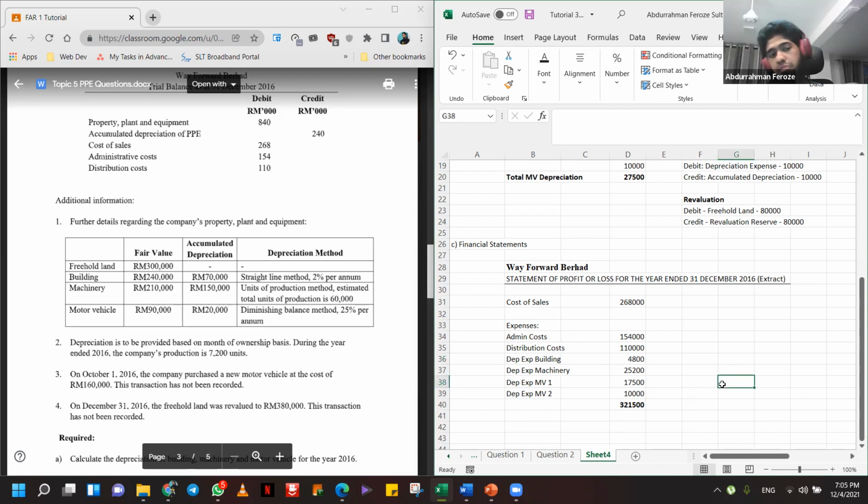Yeah, now we are creating the statement of profit or loss, right? So ideally, they would give you revenue. For example, let's say revenue is equal to 1 million. Then the gross profit would be this one minus this.